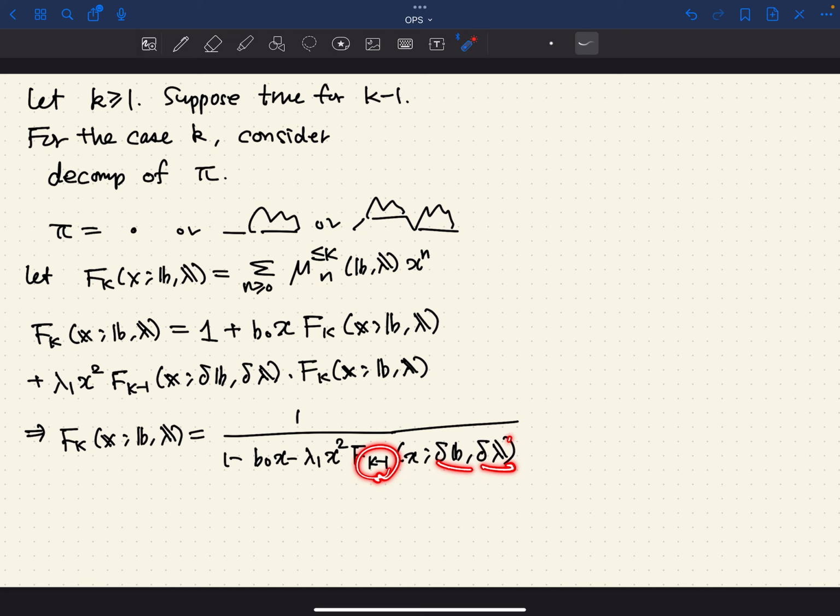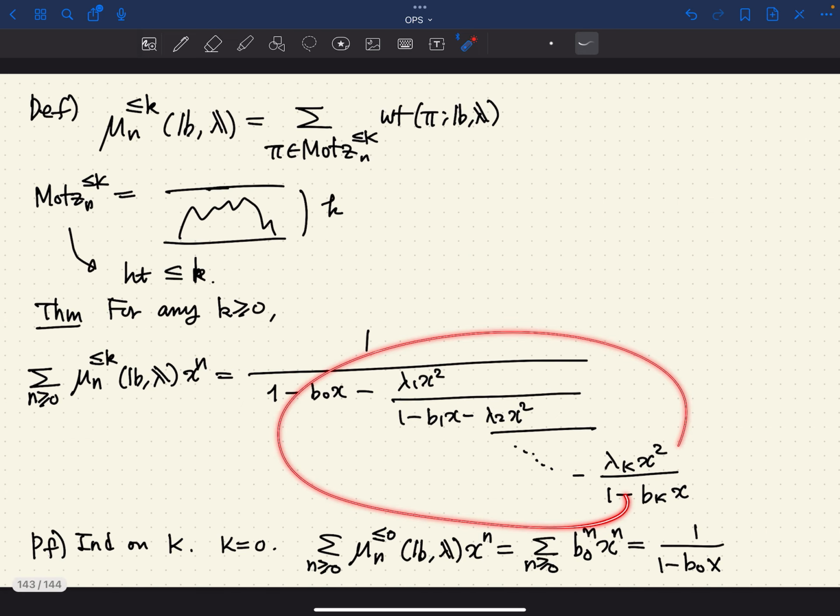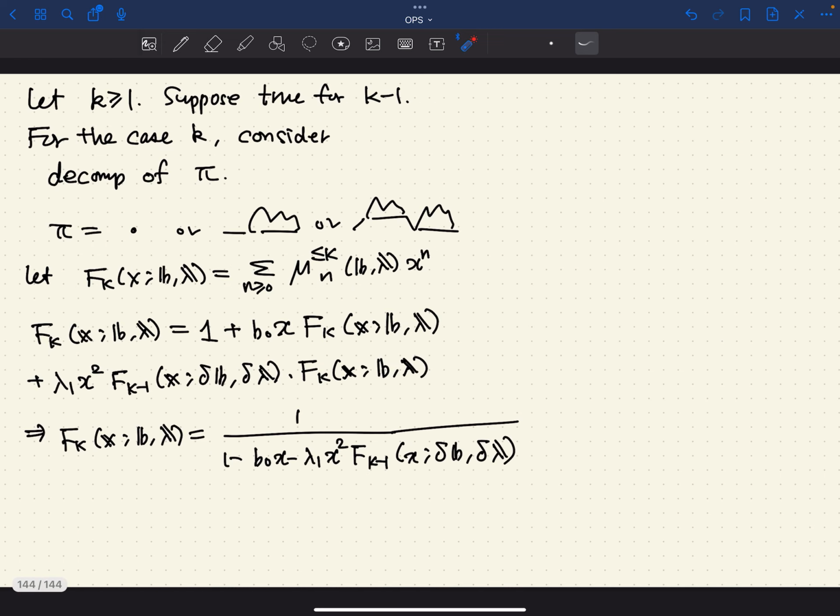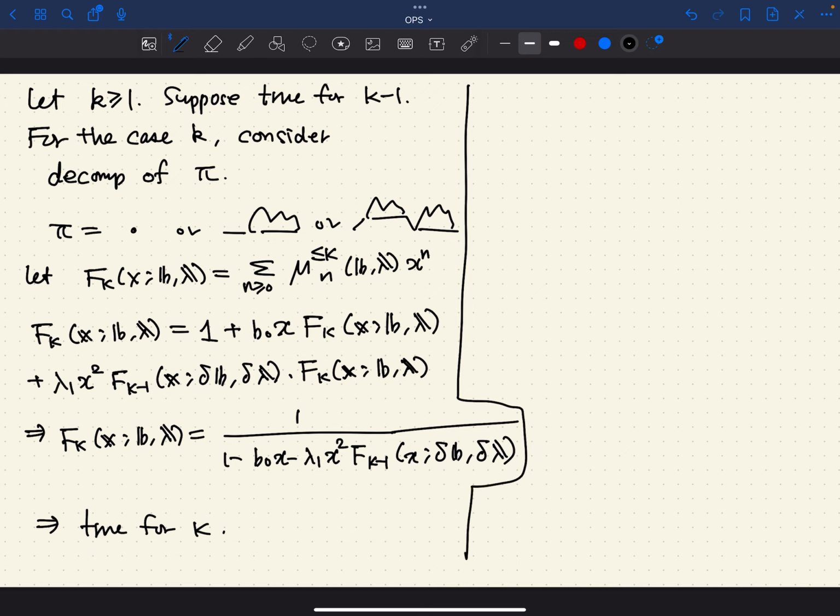They are shifted, so it starts from 1, 2, 2, 3, dot dot dot. That exactly matches with b0, b1, b2, lambda 1, lambda 2, dot dot dot. So this actually shows that it's true for k. So by induction, we are done. So the proof is not that difficult if you know what to do. And now we can finally give a rigorous proof of that continued fraction formula.